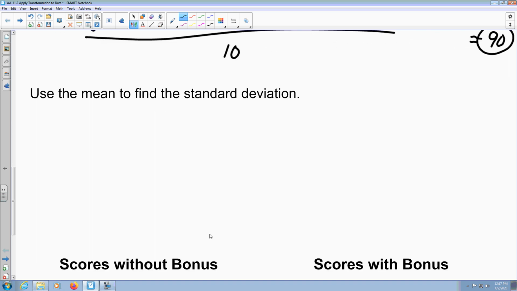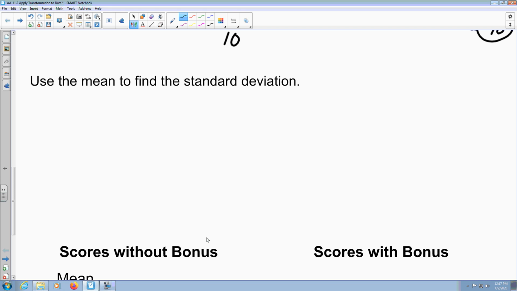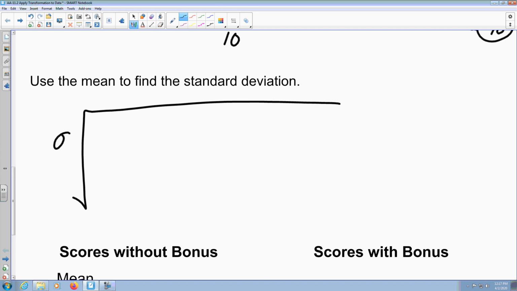All right, so standard deviation, if you remember from 11.1, I'll write out the big long equation.